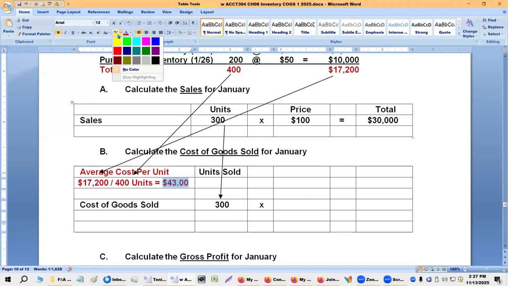Let me do something here. I think I did this last time. Try to make them similar. $12,900.